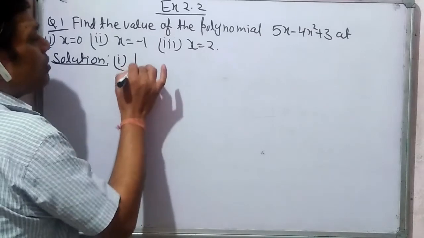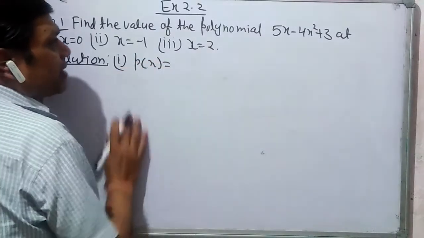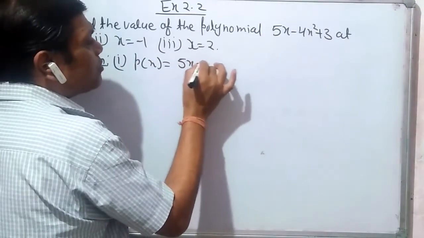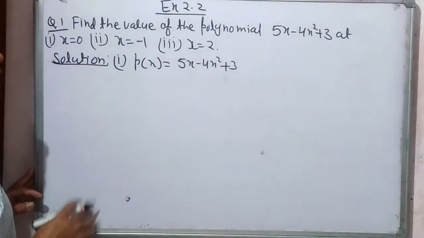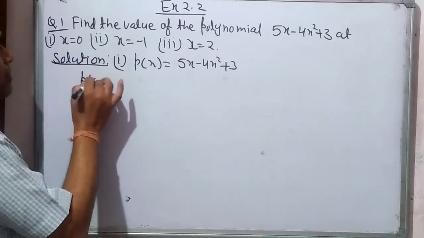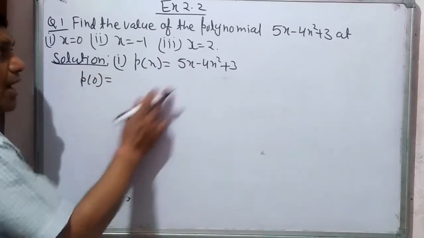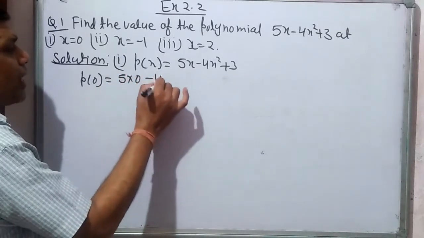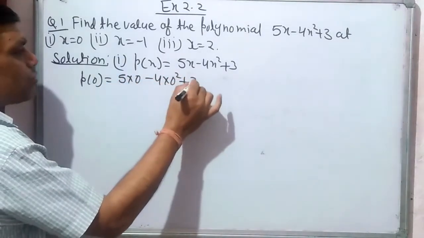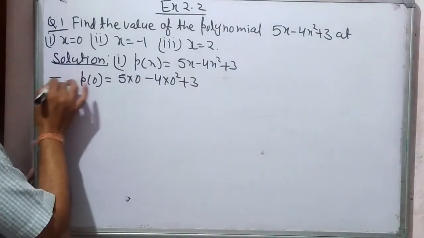What we shall do? We shall write first of all p(x). What it is? 5x minus 4x square plus 3. Now we have to find p(0). That means we have to put 0 in place of x. 5 into 0 minus 4 multiplied 0 square plus 3.